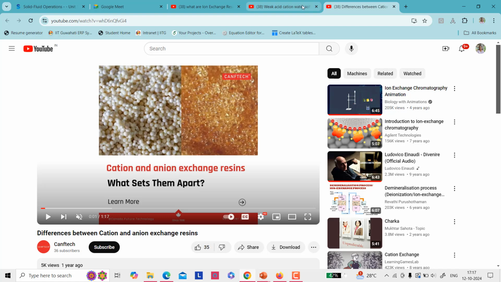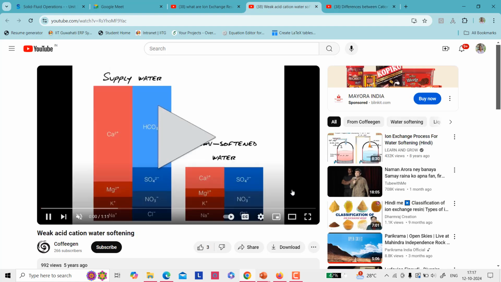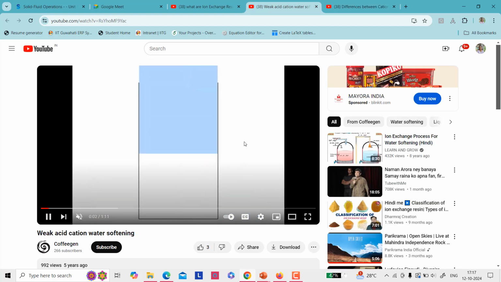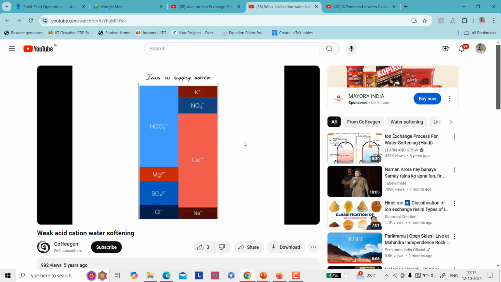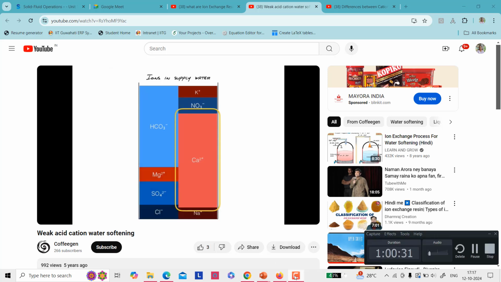So you can see here these are the anions, these are the cations. General hardness, the carbonate hardness.